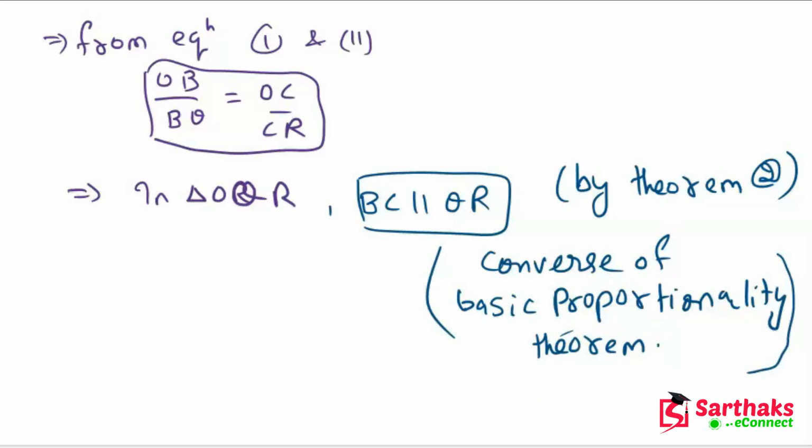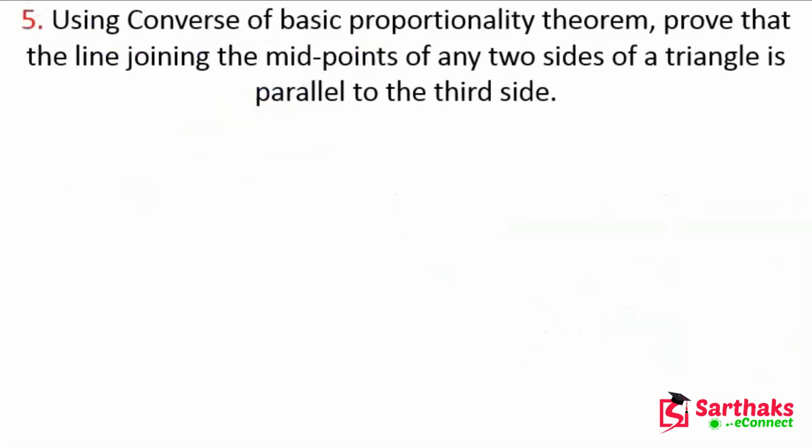So now let's do another question. The next question is: using the converse of the basic proportionality theorem, prove that the line joining the midpoints of any two sides of a triangle is parallel to the third side.